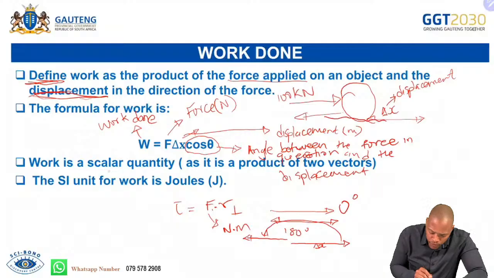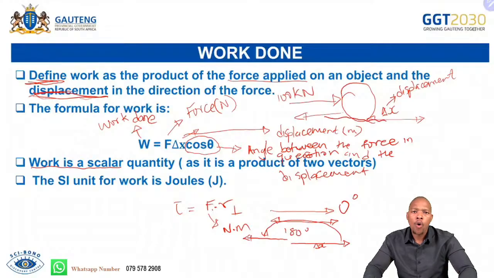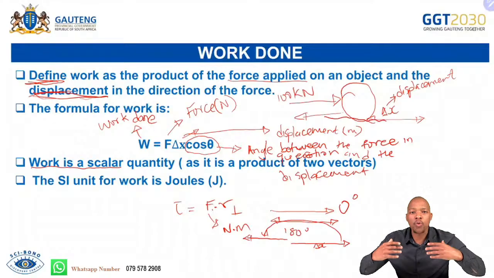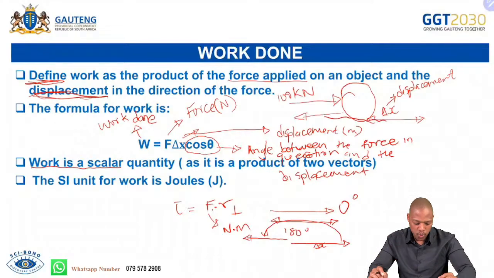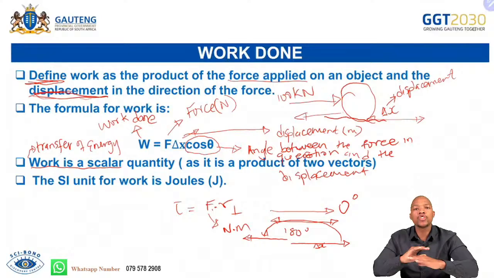Why? So let's talk about work done in terms of energy. Work done, grade 12, is just the transfer of energy. It's how much energy was transferred. So that is work done. So when we talk work done, we can actually say it is the transfer of energy. And you would remember that energy has no direction.